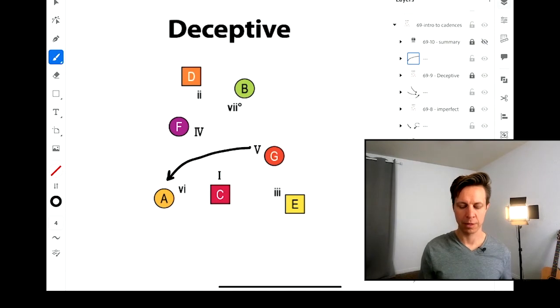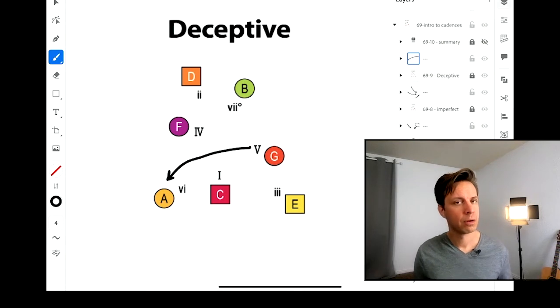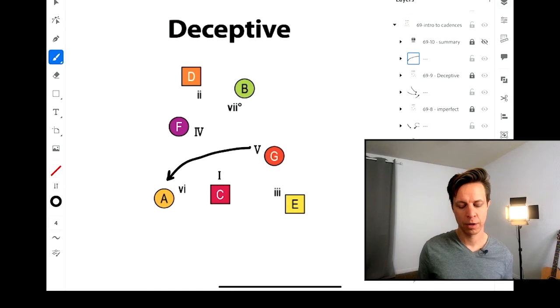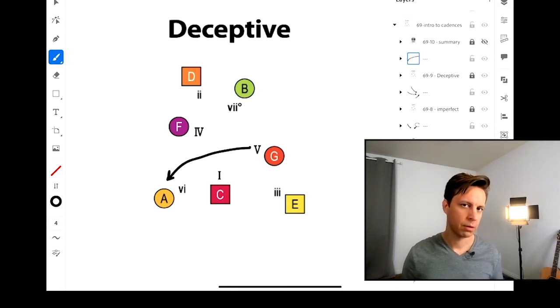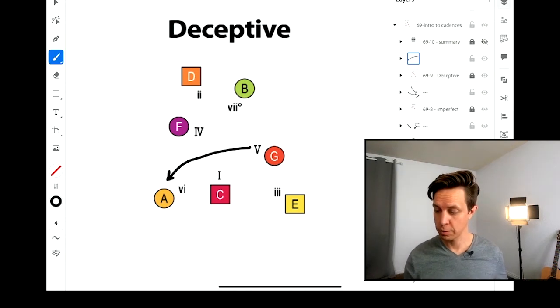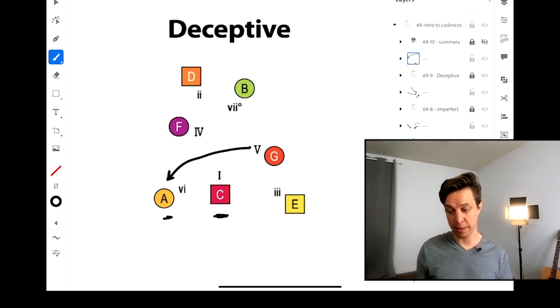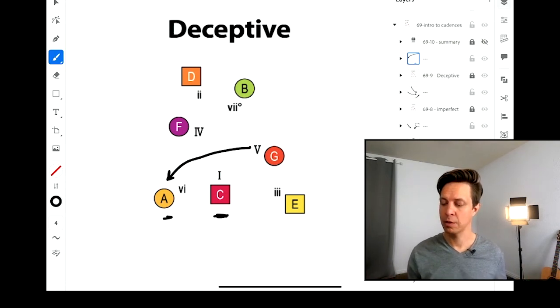So in this case, it's going to be G major to A minor. So instead of being perfect, going from the 5 to the 1, that 1 gives us a sense of resolution. It goes from 5 to the minor 6, which is very close. The minor 6 is very close to the 1, and so it shares some of the same notes.